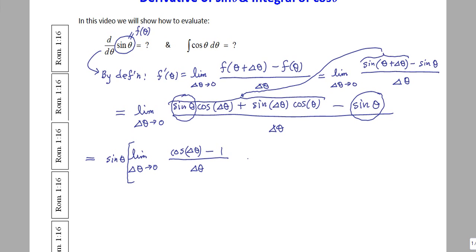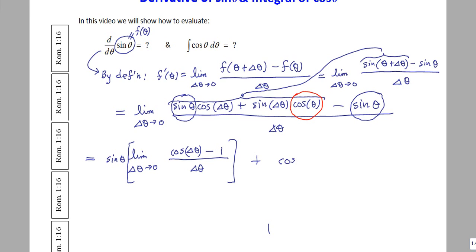Plus, now in this middle one, I have a cos of theta, which isn't going to be influenced by the limit. So let me pull it out like I did for this one.